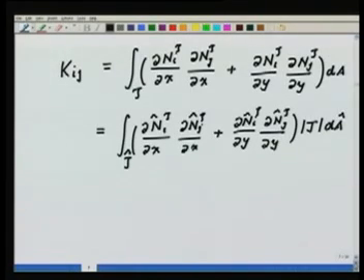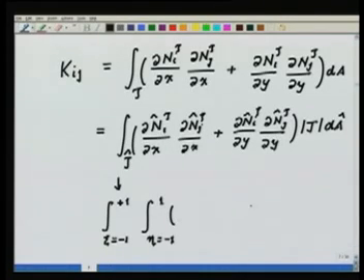And again, what will happen to this dA hat? It will become an integral of psi going from -1 to +1 and eta going from -1 to +1. This integrand into the Jacobian into d eta d psi. Okay, so standard way of getting these integrals now in terms of the master element.